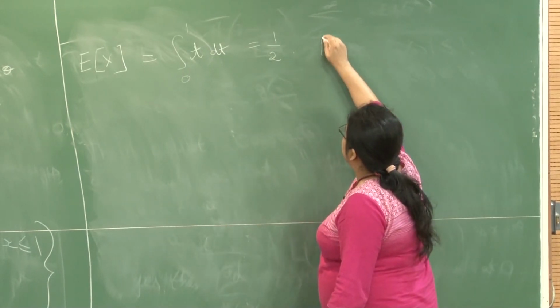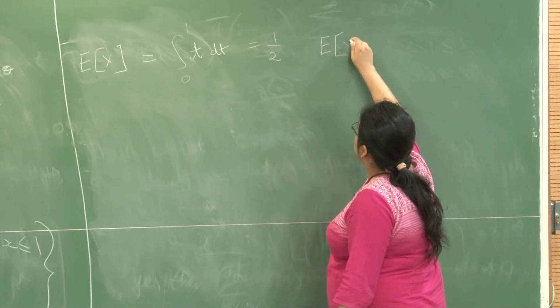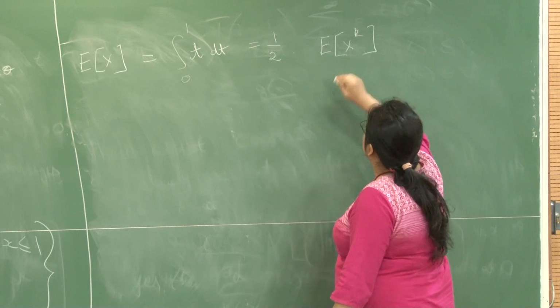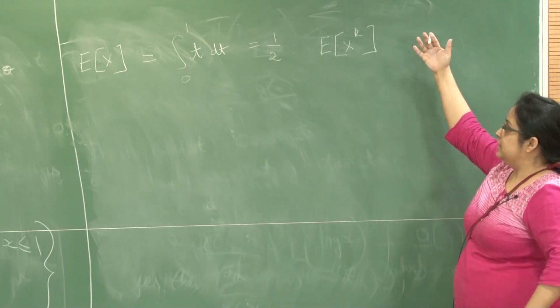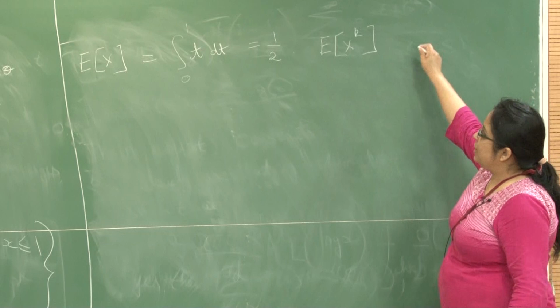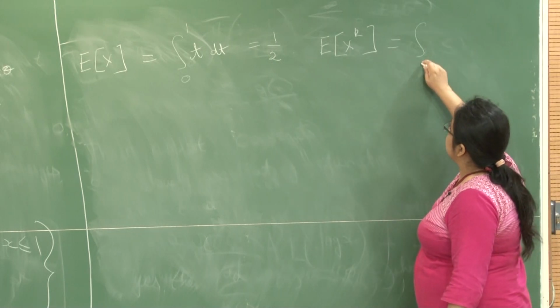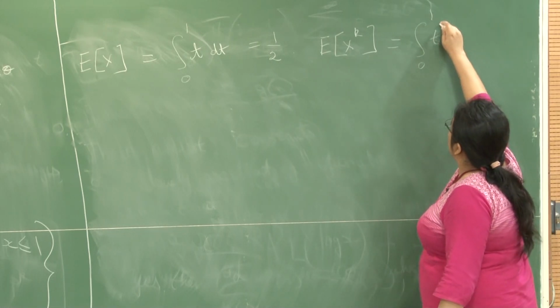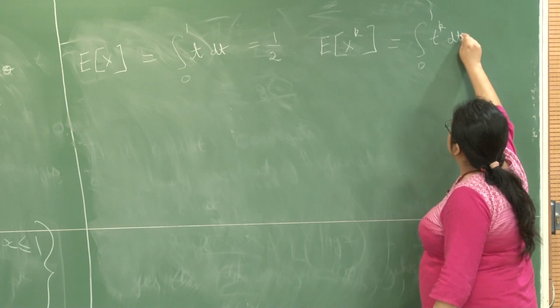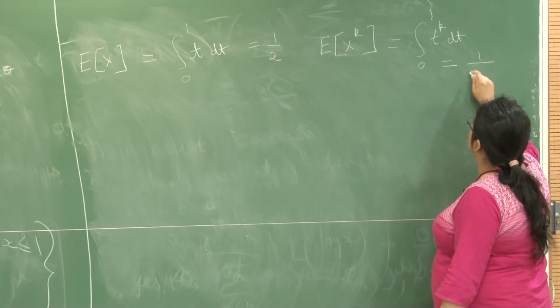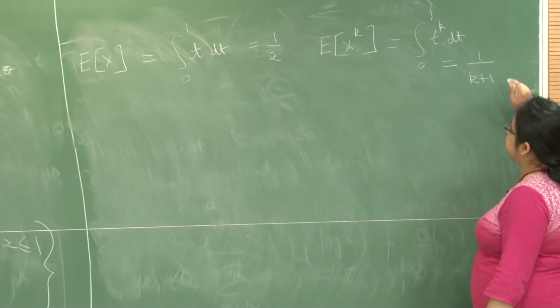What about the expected value of X to the k? These are the higher moments. By definition, this is just the integral from 0 to 1 of t raised to the k dt. This is just 1 over k plus 1.